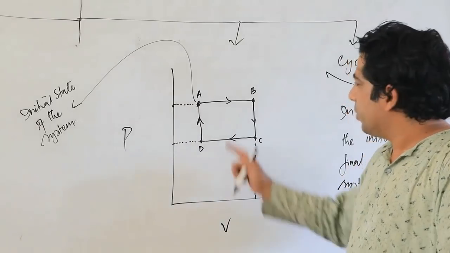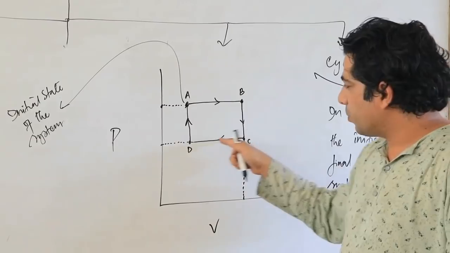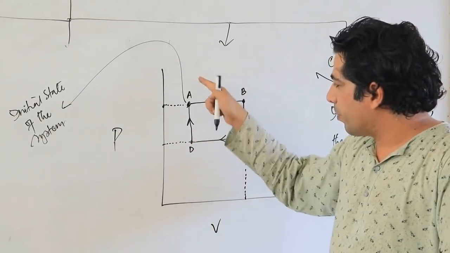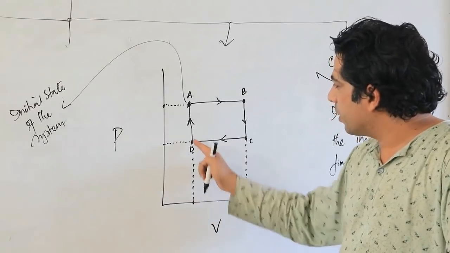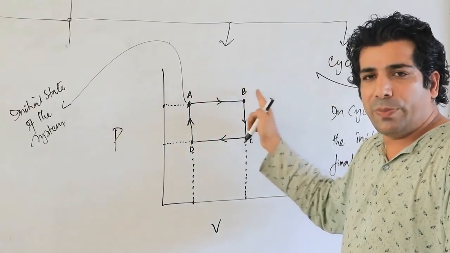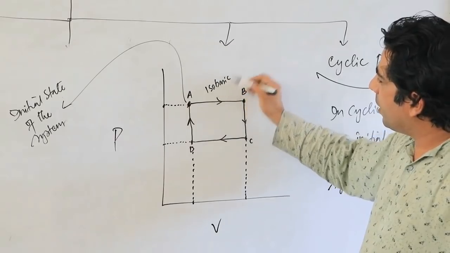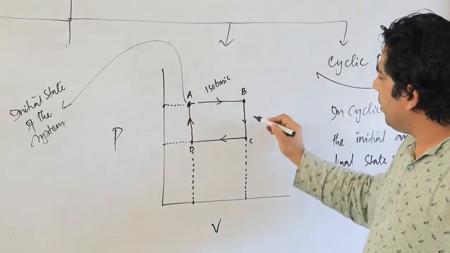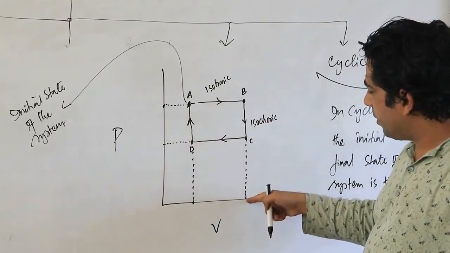Yes or no? So it is isobaric process, isochoric process, isobaric process, isochoric process, because here also the volume is constant along this line. So from A to B, we have which process here? Isobaric, A to B. From B to C, we have isochoric process, that is volume is constant here.